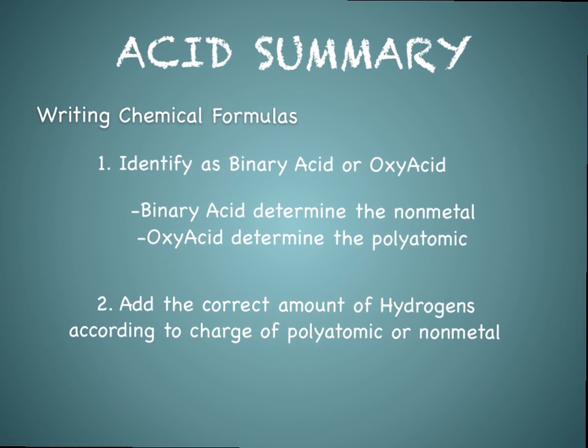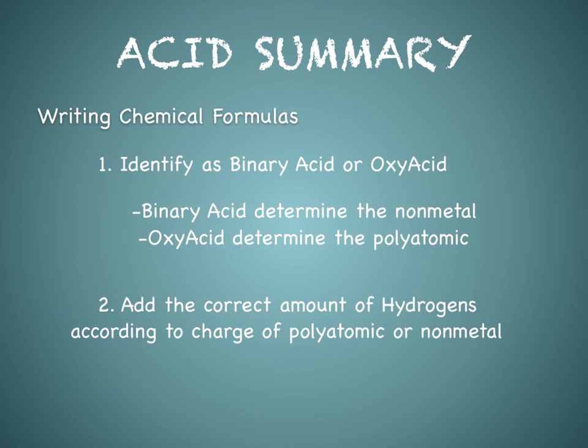Writing formulas, we're going to determine the oxidation number and replace the oxidation number with the corresponding number of hydrogens. So in other words, if we have 1 minus, we're going to replace it with 1 hydrogen. 2 minus, replace it with 2 hydrogens. 3 minus, replace it with 3 hydrogens.